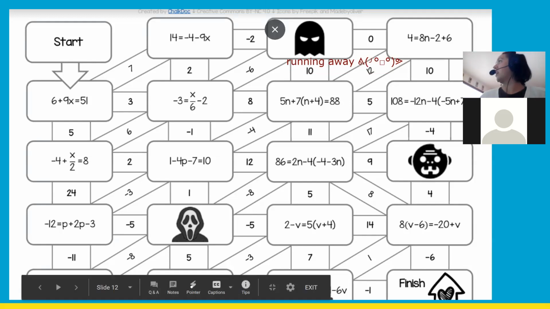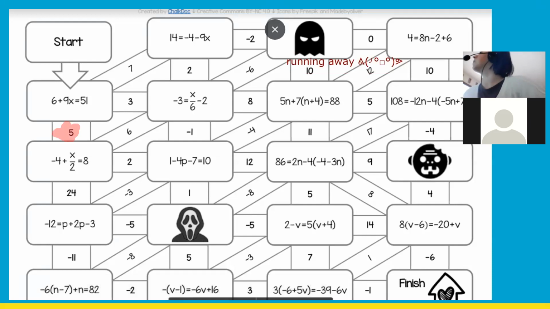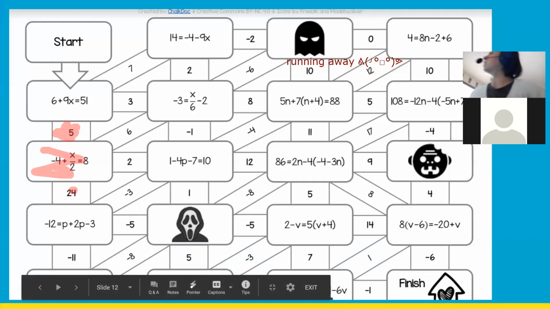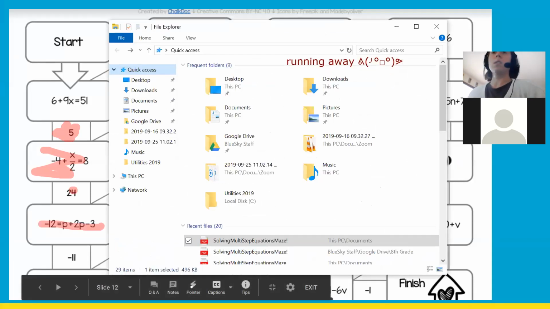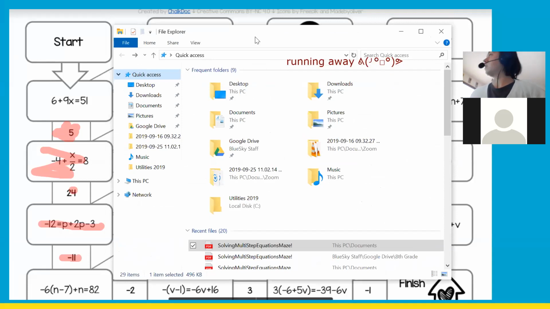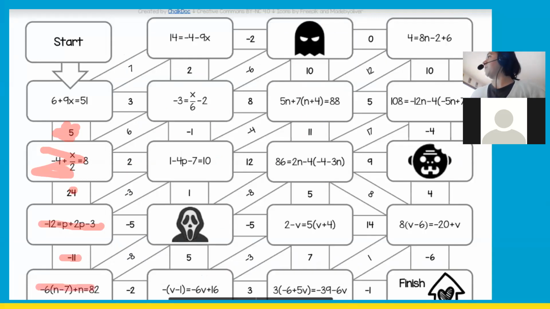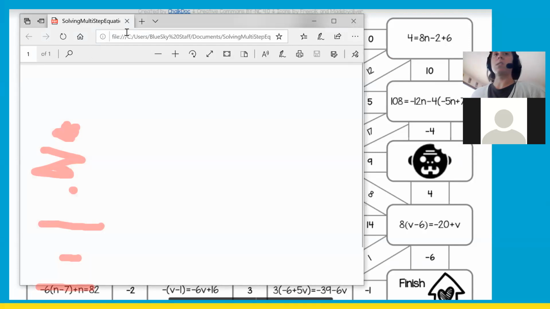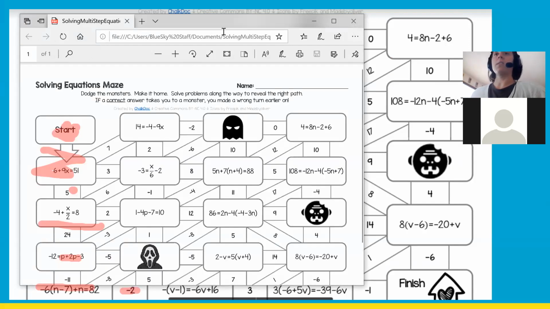And I'm going to pull up a picture of the maze on my other screen so that I can navigate it efficiently and give you guys the right equations.